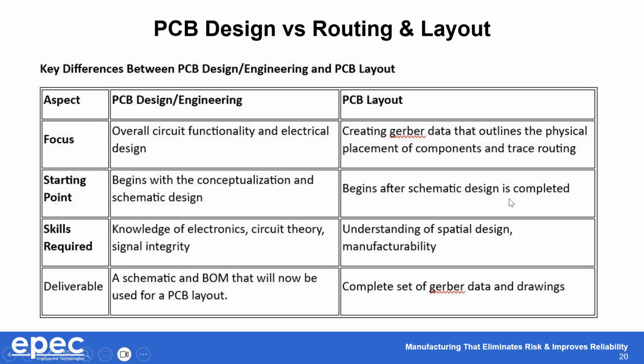Over here on the right, PCB layout and routing, this is where we want to come in. So creating your Gerber data files, coming up with your exact outline, the physical placement of your components, and trace routing. This all begins after the schematic design is complete. Understanding the complete manufacturable design, complete set of Gerber data and drawings to be provided.